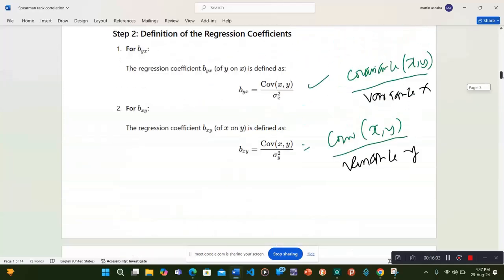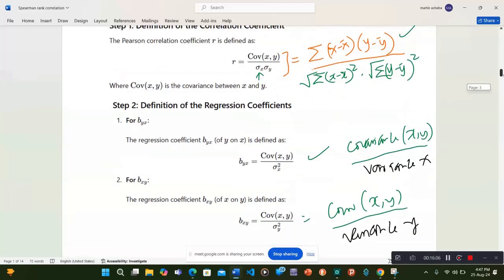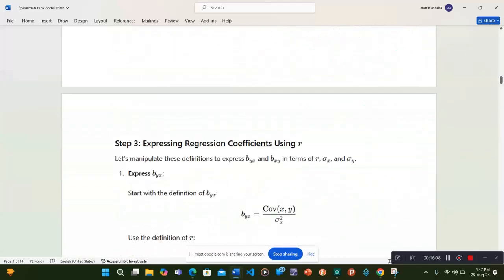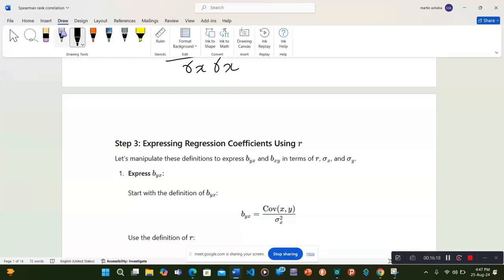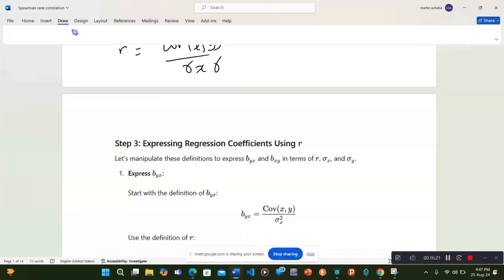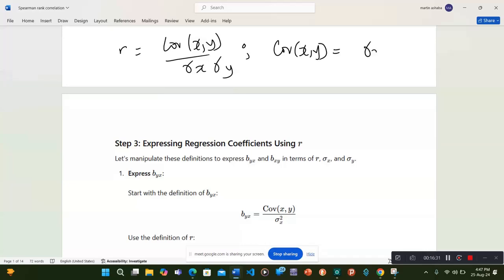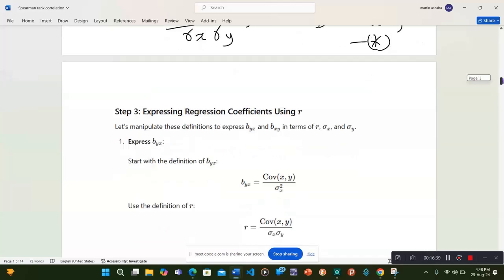We already said our r is equal to covariance between x and y divided by sigma x, sigma y. So meaning we can get the covariance of x and y equal to sigma x, sigma y times r. And we can call that one an equation.